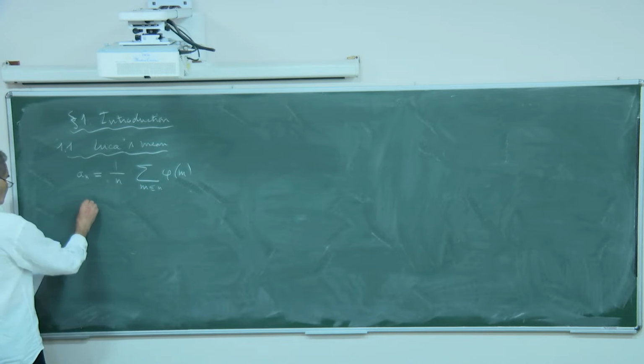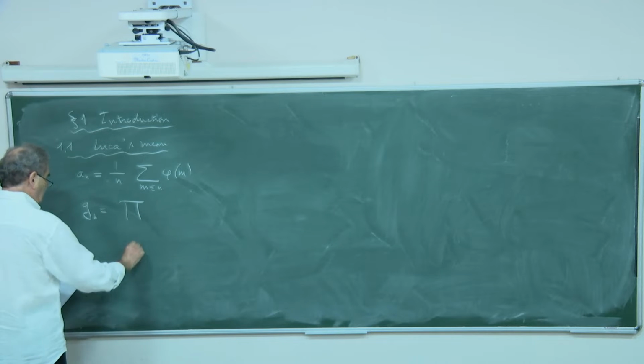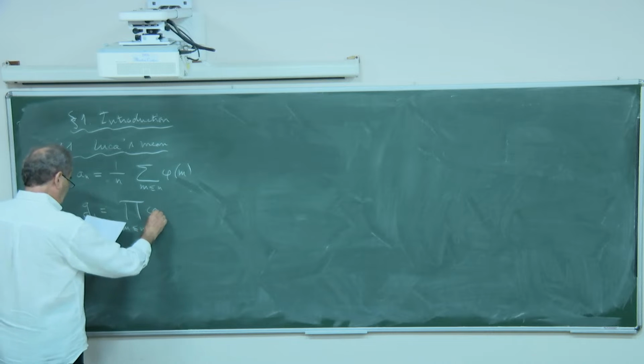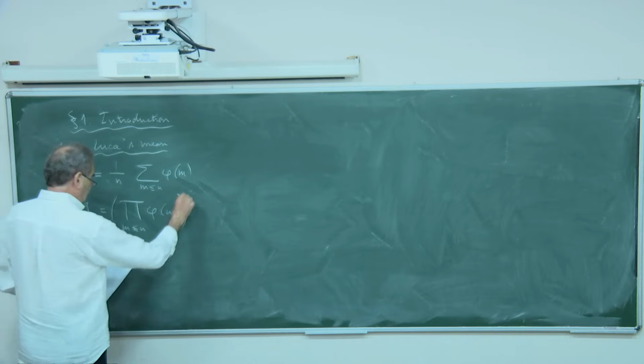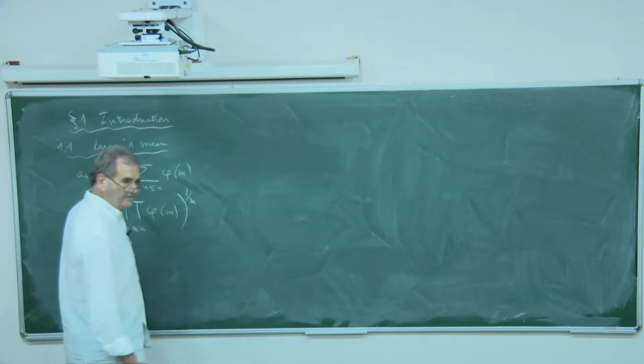And he was also looking at the geometric mean, which is just the product when m is up to n of phi of m, and then he was taking the power 1 over n. Okay, this is the geometric mean. So those two sequences have a linear growth.